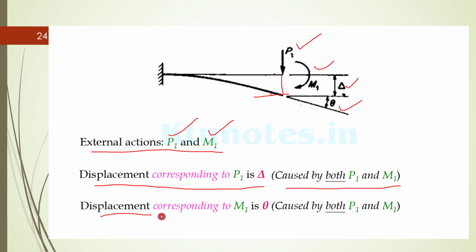The displacement corresponding to M1 is theta, because M1 is trying to rotate the beam, which will create a theta, but definitely theta will have some effect from P1 also.